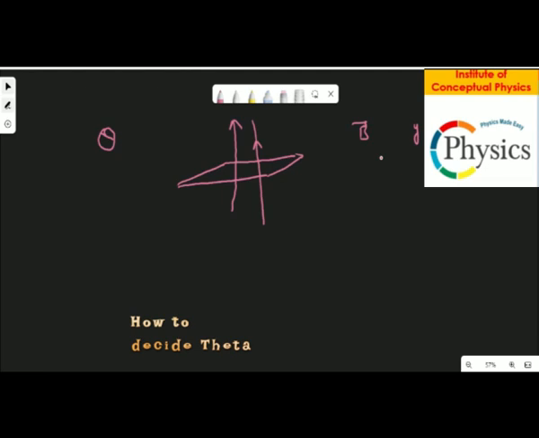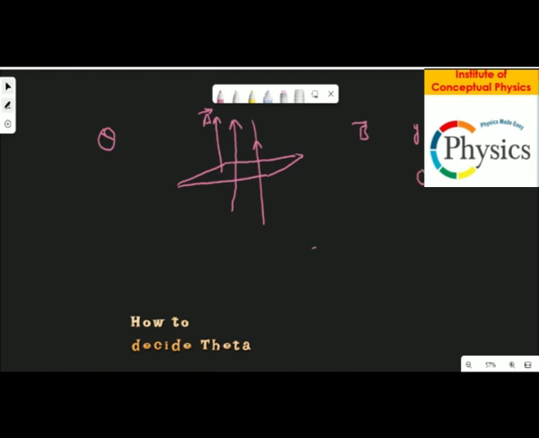Now the area vector is also in the plus y axis, right? So what is the angle between these two? The angle between them is 0 degree.